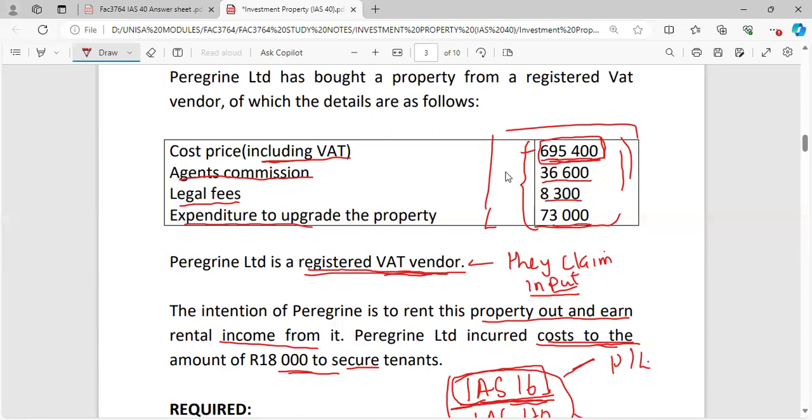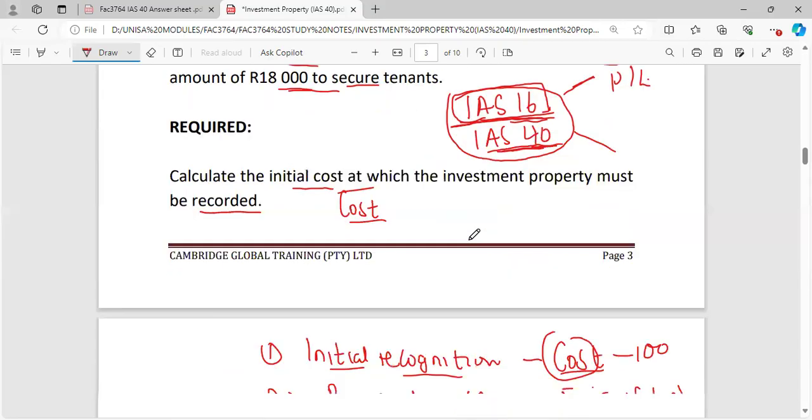When you are taking out the VAT, you just say 100 over 115 times 695,400. So that is going to be the cost excluding VAT.